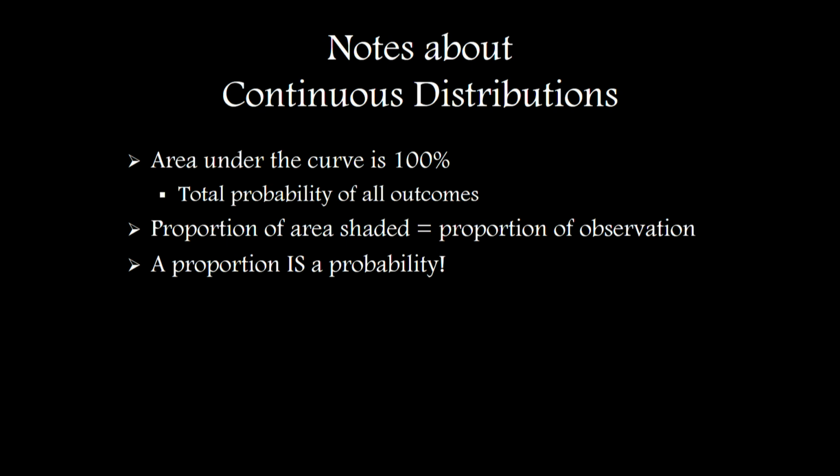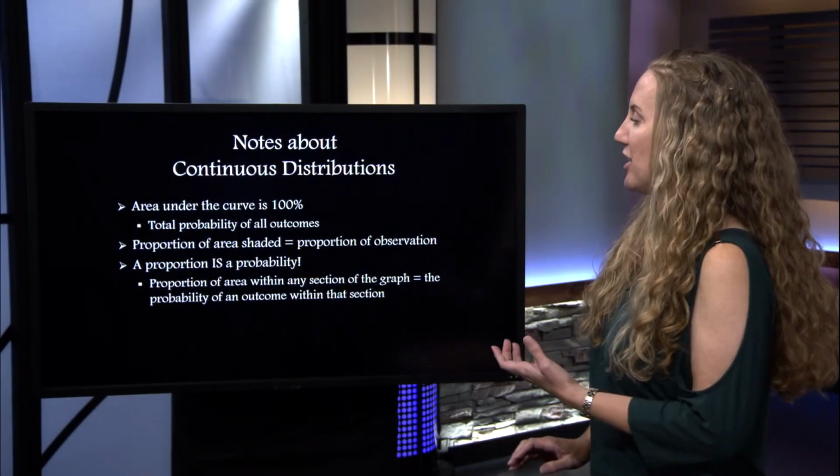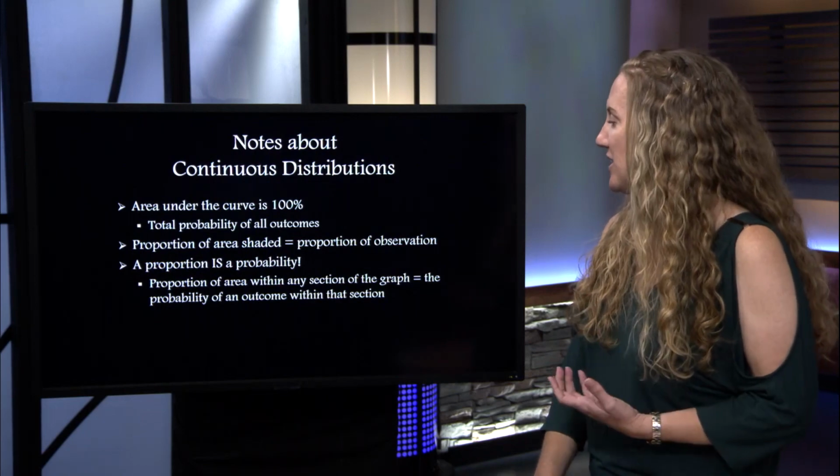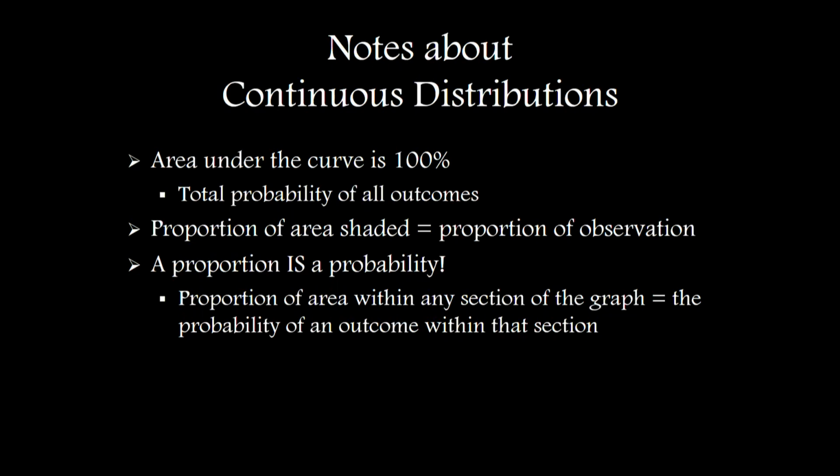So the proportion of the area within any section of the graph is going to equal the probability of an outcome within that section.